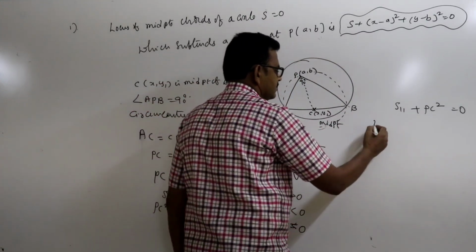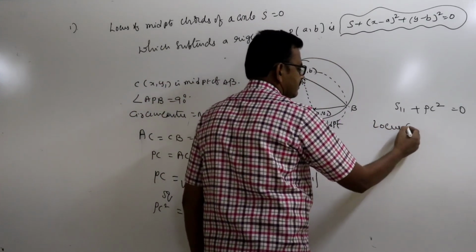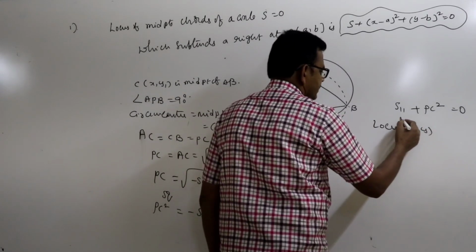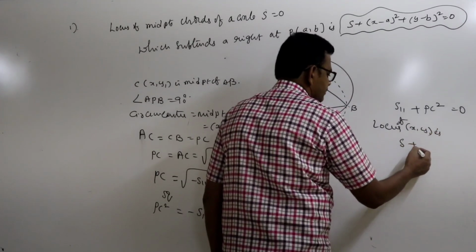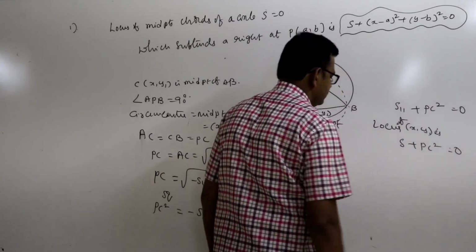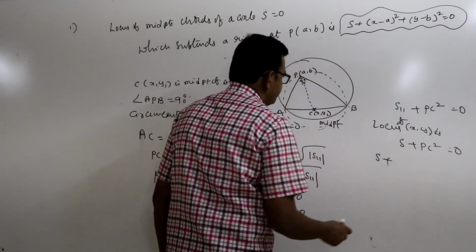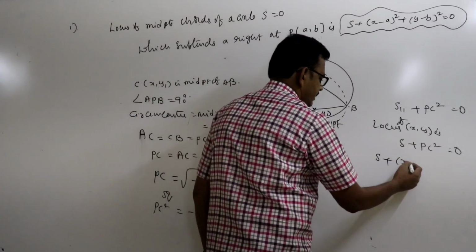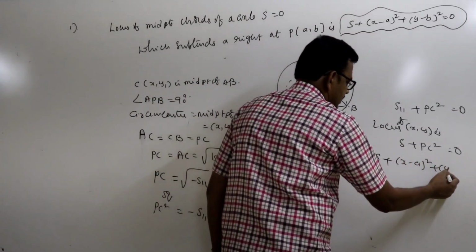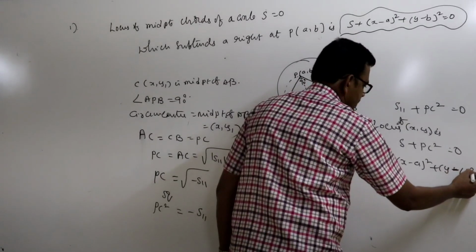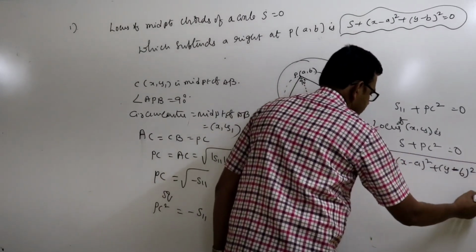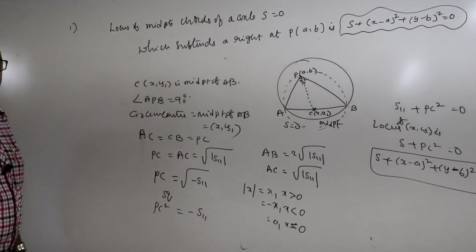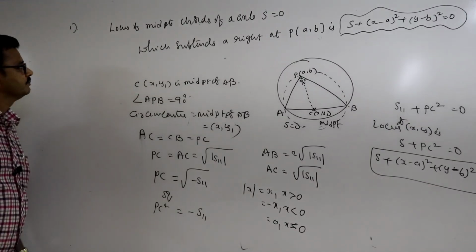Therefore, the locus of the point x1, y1 is S11 plus PC square equal to 0. That is, S plus PC square, meaning the distance between the points, is (x minus a) whole square plus (y minus b) whole square equal to 0.